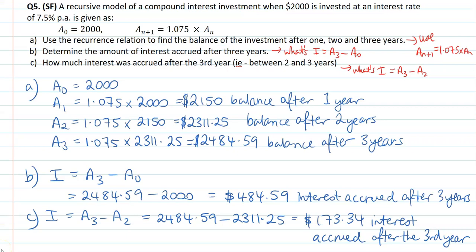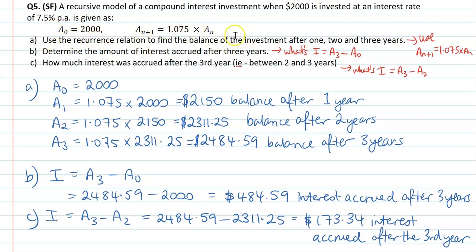Okay, how'd you go? So hopefully when you read the first part, you've got an investment of $2,000, interest rate of 7.5% per annum. Again, it's just compounding once a year, so you don't need to worry about applying your K value, and you're given the recurrence relation anyway.